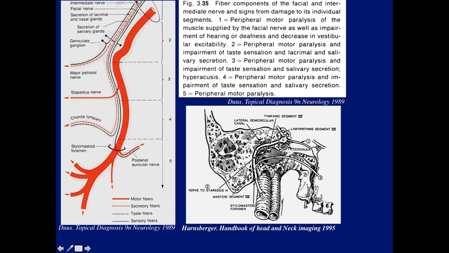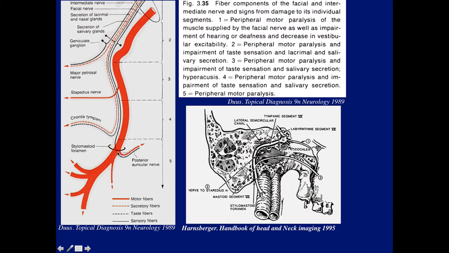So if it's high up, let's say in the region of the IAC, you'll have peripheral motor paralysis and also an impairment of hearing, deafness, and vestibular excitability. And then depending where the injury is, you'll have less and less. So let's say at level 2, you may have motor paralysis and impairment of taste and lacrimation and salivary.